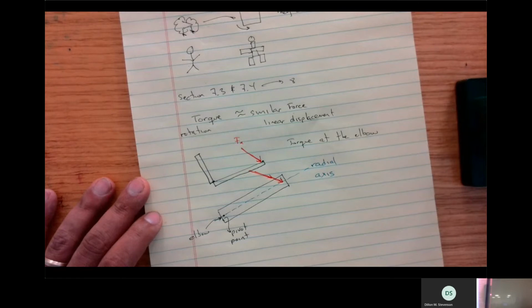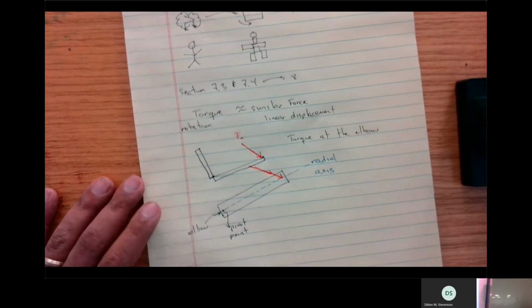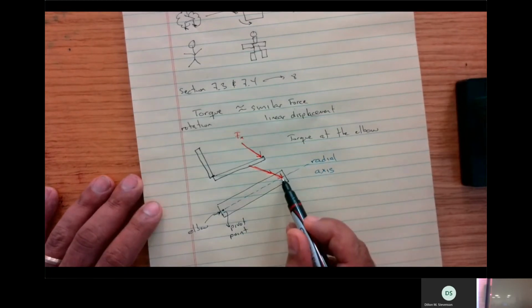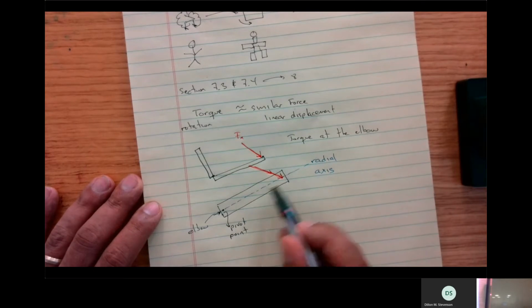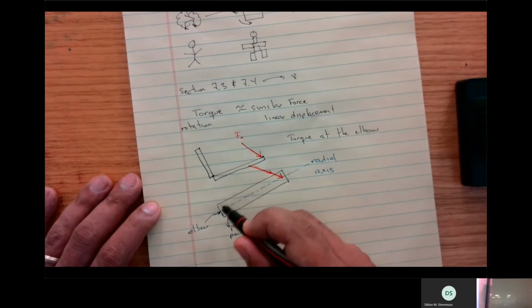Here I have a couple of measurements that I can take. One is the distance from the intersection of the line of the force with the radial axis, all the way to the pivot point. So I'm going to look for this distance.